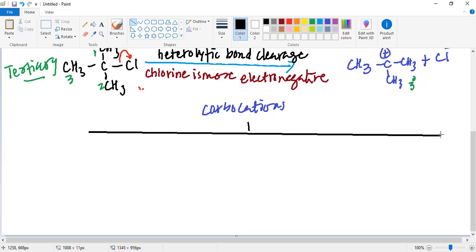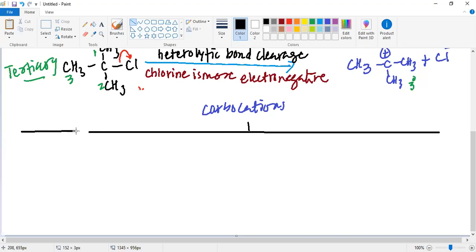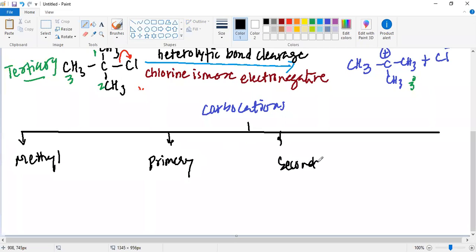These various types of carbocations are: number one is methyl carbocation, number two is primary, then we have secondary carbocation, and then we have tertiary carbocation. Let me show you once again.